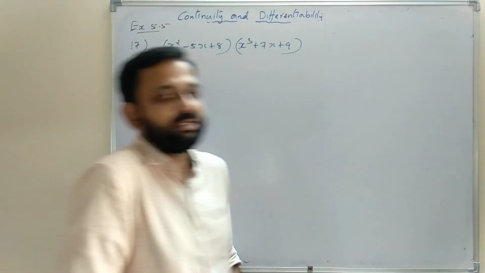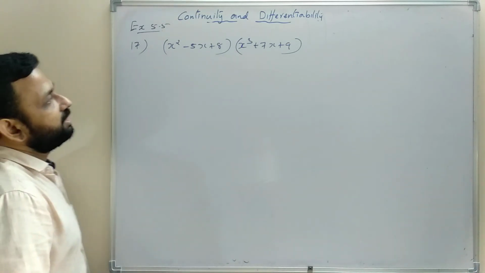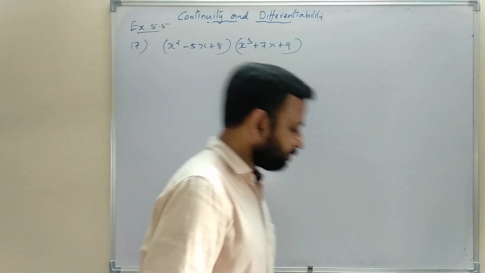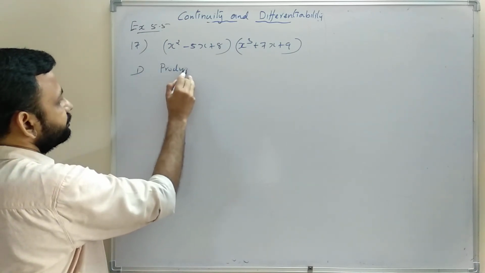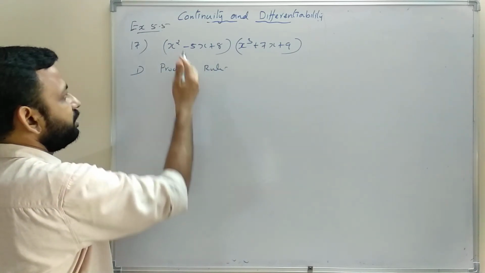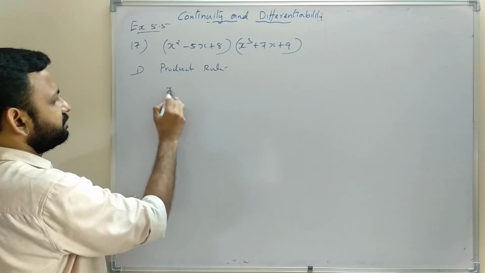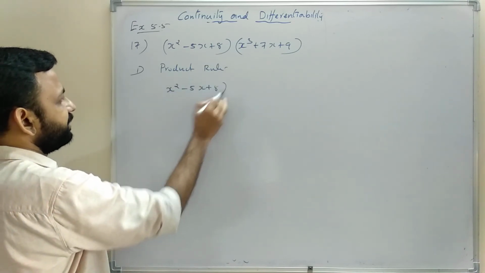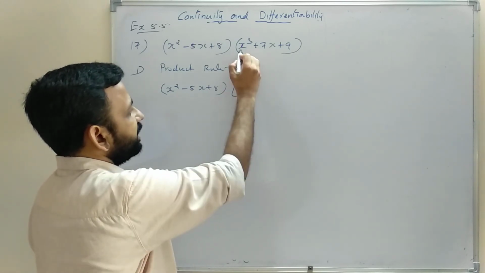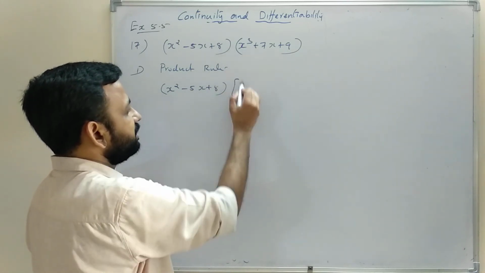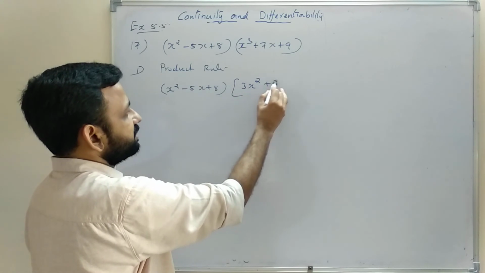So I will explain, you can do it by yourself. First one, by using the product rule. In the product rule, first function x square minus 5x plus 8 into derivative of second, the derivative of that expression, 3x square plus 7.